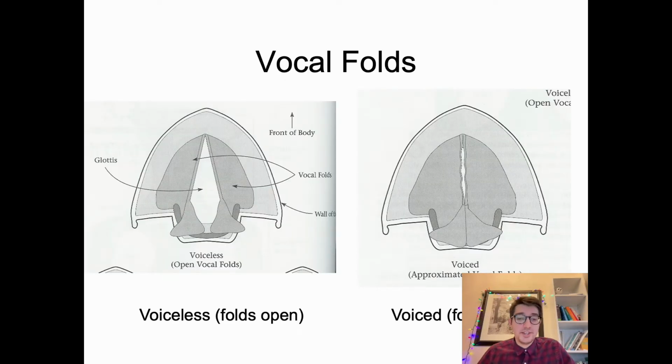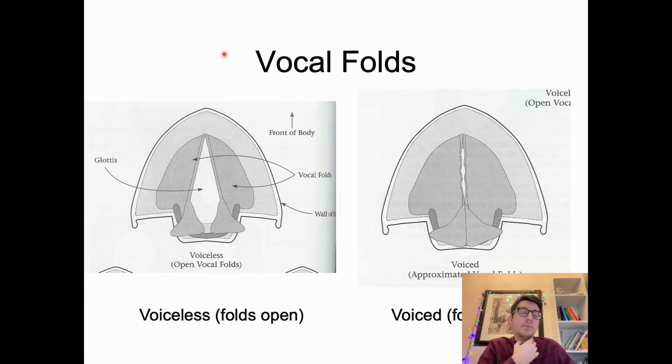Another articulator, I can maybe call it like that, are the vocal folds. Vocal folds produce sounds as well, right? We can just vibrate vocal folds or vocalize or do something with them.